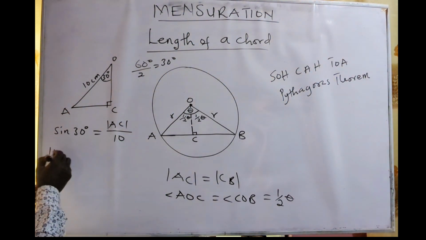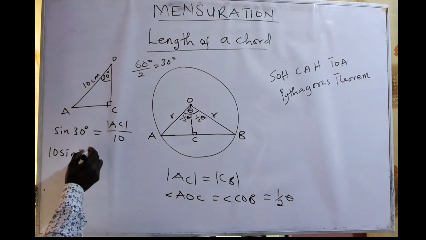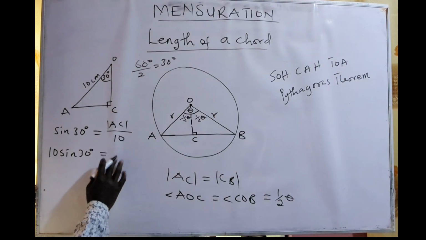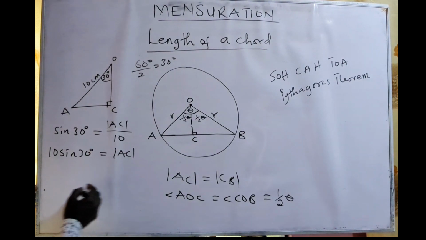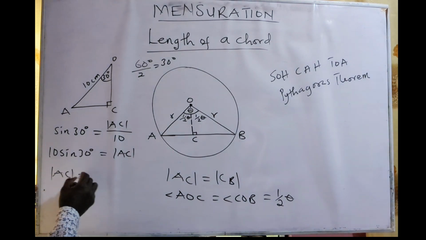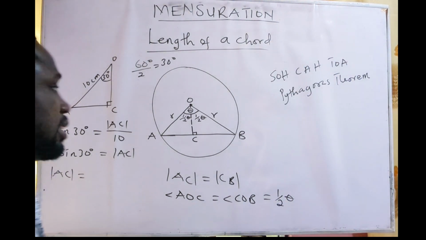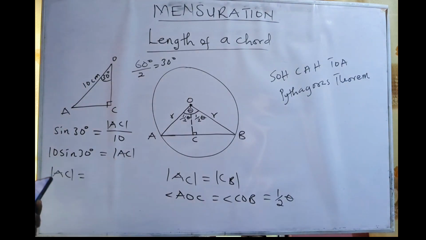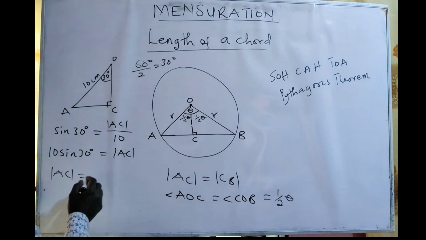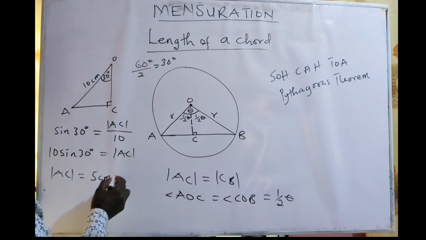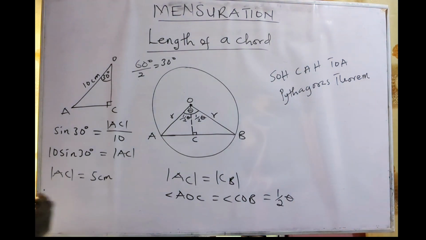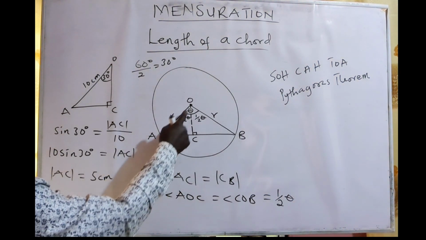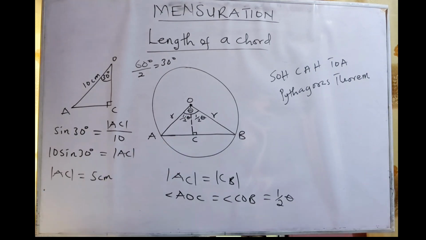So 10 sine 30 degrees will be equal to AC. And what will be my AC? Use the calculator and you find AC. So 10 sine 30 degrees will give us 5. So I'll have 5 centimeters. So it means that this side is 5, or let's say here is 30, here is 10, here will be 5.